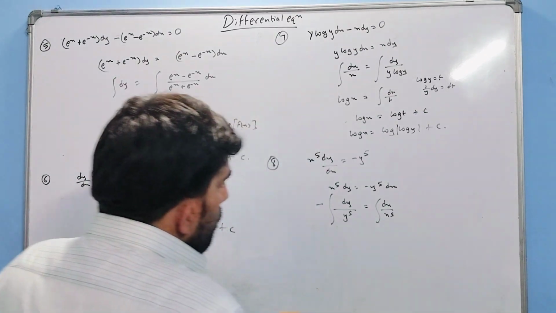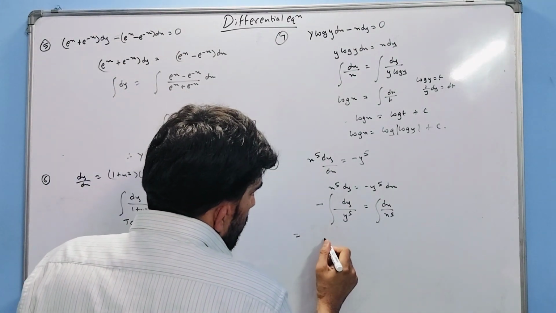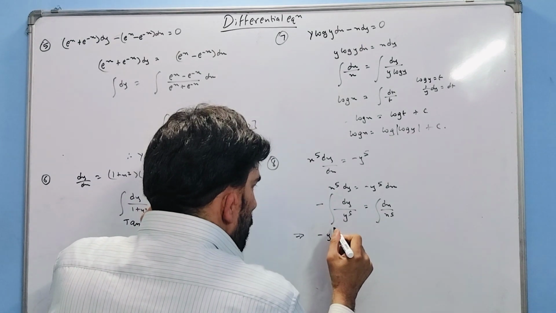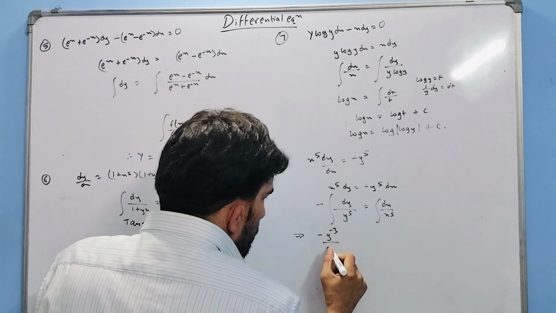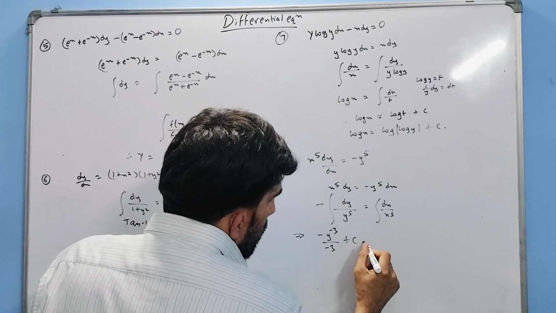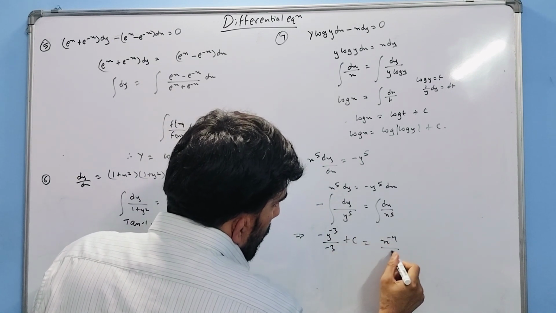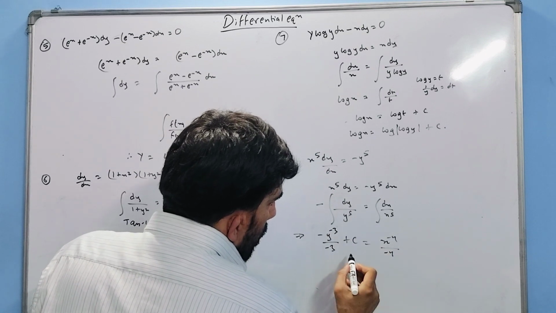Now if I integrate this, what will happen? On the left, y to the power -4 + 1 gives -3, and on the right, -5 + 1 gives -4.